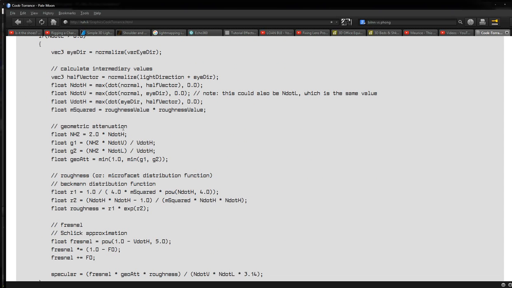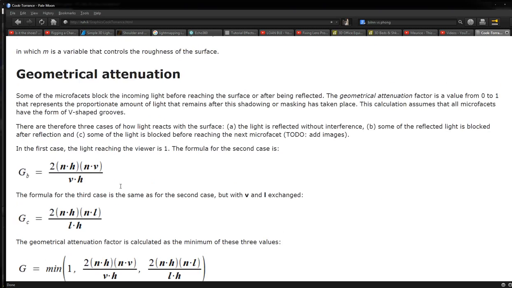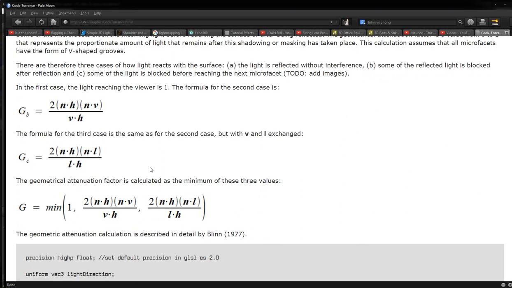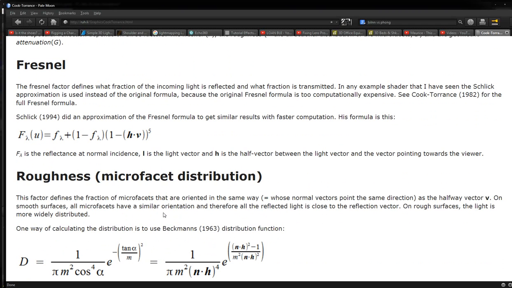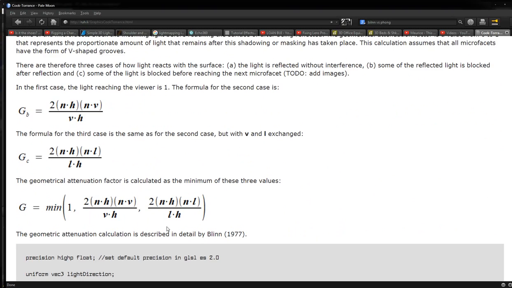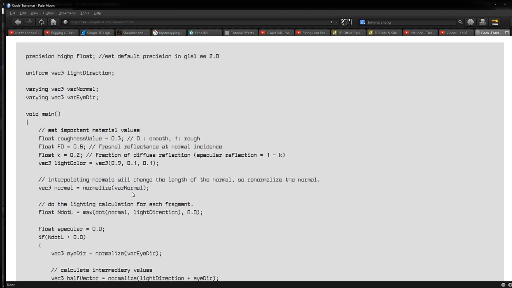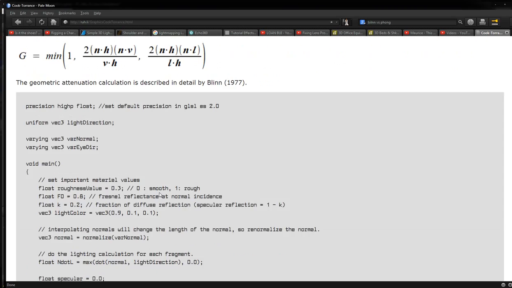So we first do our geometric attenuation, and this looks like maybe an implicit geometric attenuation, because there are multiple geometric attenuations. It's modular, just like the microfacet distribution function is modular. There are different versions of this as well. This looks like the implicit one.